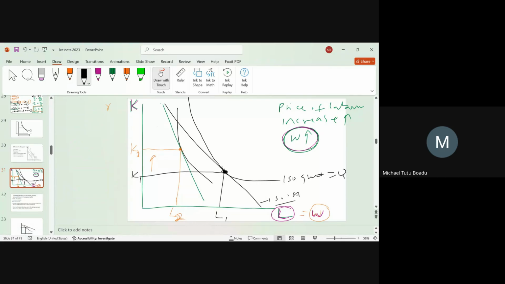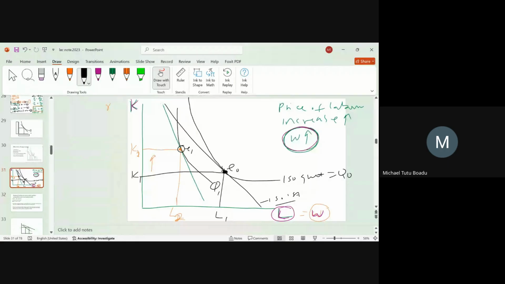So the firm is reducing the amount of labor to increase the amount of capital. If this firm chooses to produce at this point, let me call that E1 and call this E0. If you choose to be at E1, there is going to be less production in the economy because the isoquant Q1 is less than the isoquant Q0. So that is putting production at the lowest point, which will create shortage and the economy will not function properly.